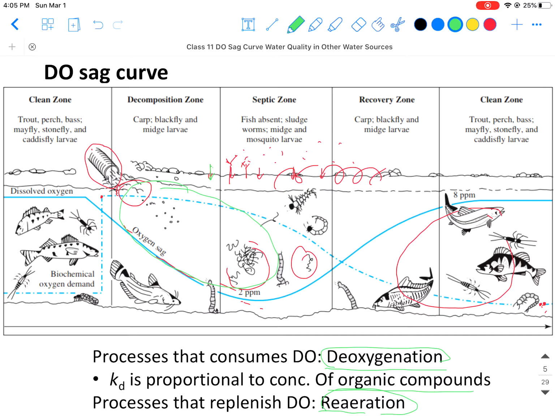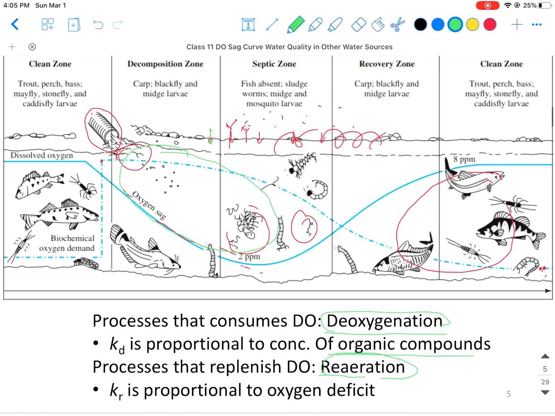All right. And in terms of the reaeration, you can see that the rate of this process is going to be proportional to how far the oxygen concentration deviates from the saturated concentration. Okay. So we see that this rate is proportional to the oxygen deficit. Basically, for the oxygen deficit we normally use the parameter D here.